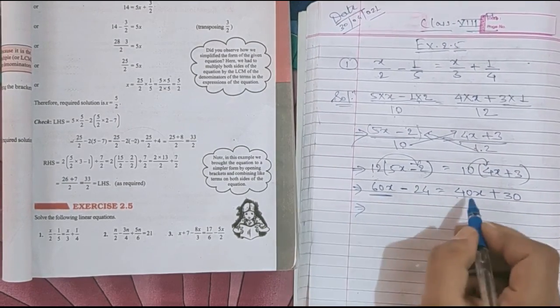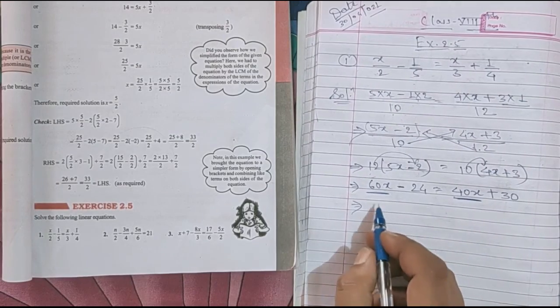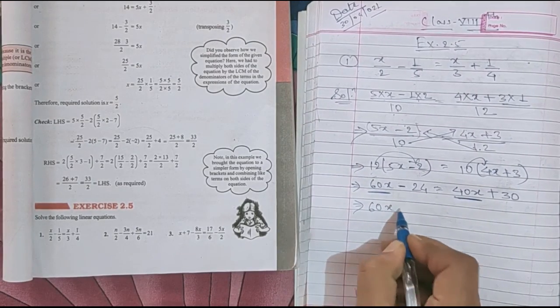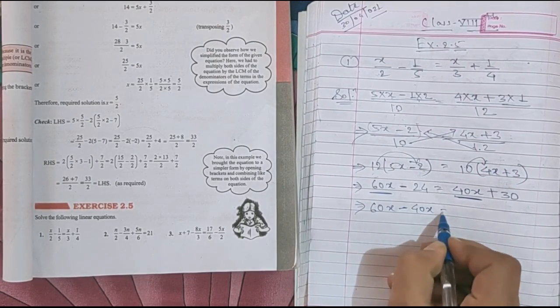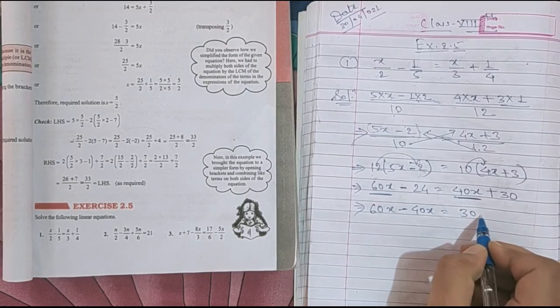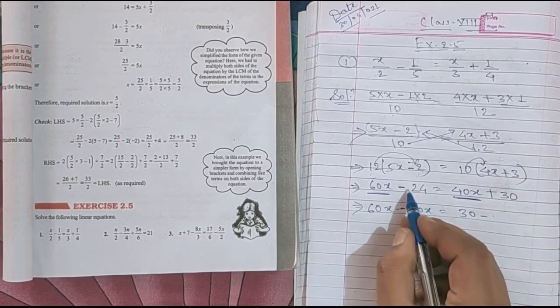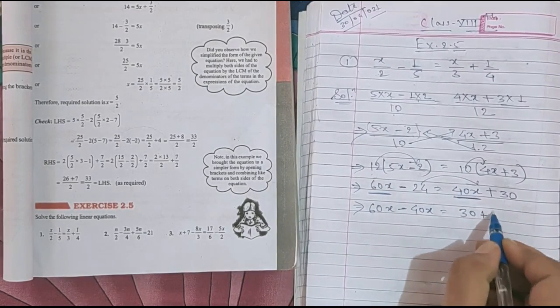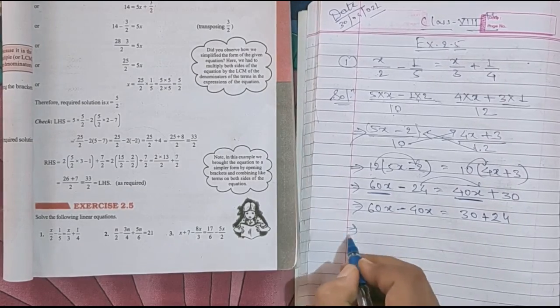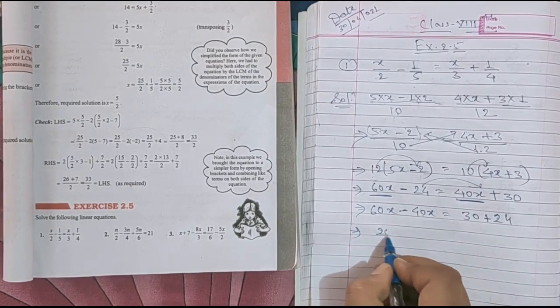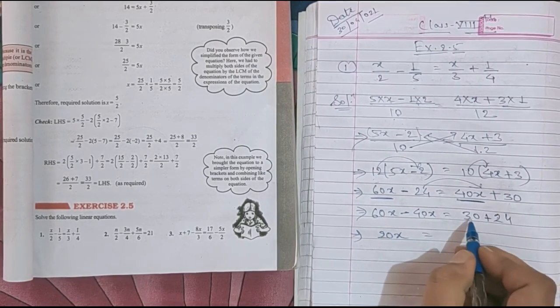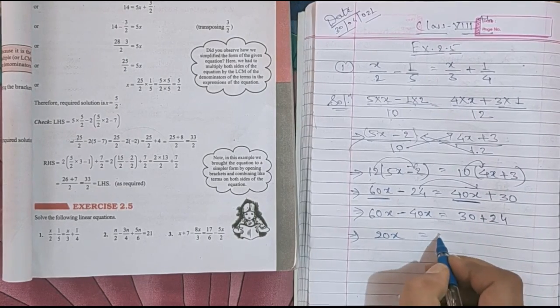The terms with x are variable terms, so we have to separate them. If we transpose 24 to the other side, it will be plus 24. Now 60x minus 40x equals 20x, and 30 plus 24 is 54.